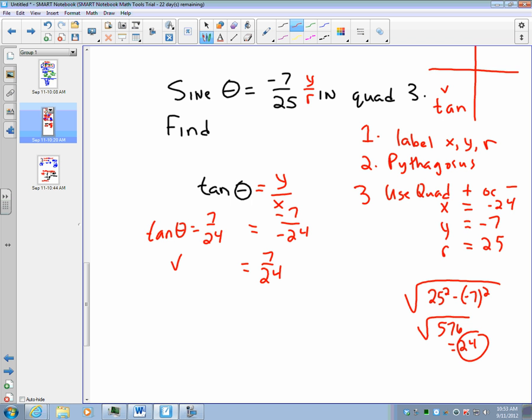So it's got to be in this one or this one. But it's also in the quadrant where tan is negative. So that means it has to be in quadrant 4. Tan is positive up here, and negative here, or here and here. So this is the quadrant that meets both those conditions.